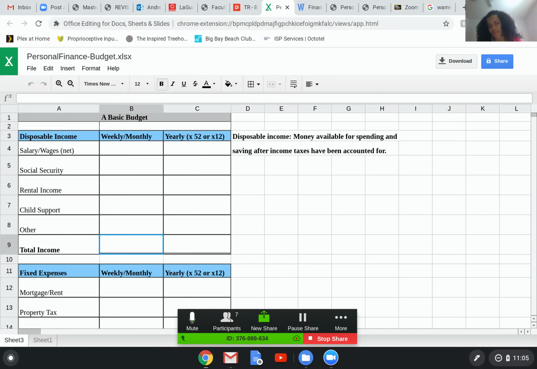Yeah, and thank you for bringing this up, because I've had students in the past say, well, I live with someone else or I live at home, and everybody else pays the expenses and I don't have to spend much.